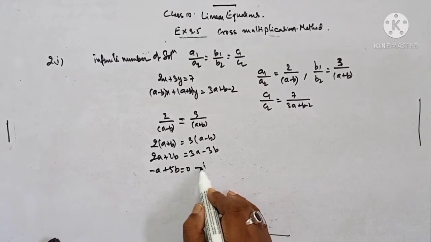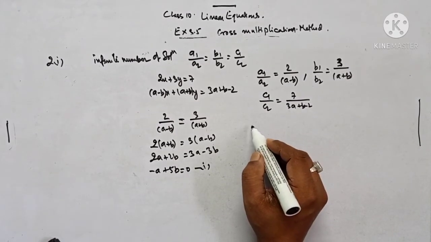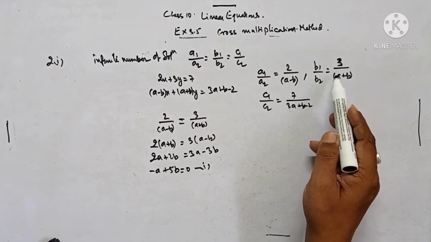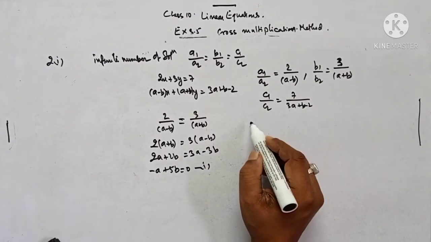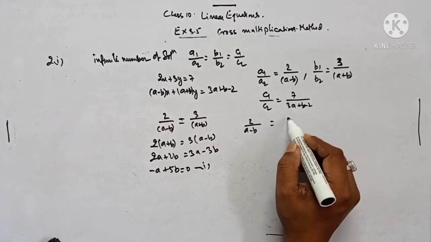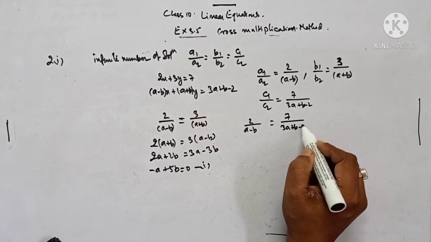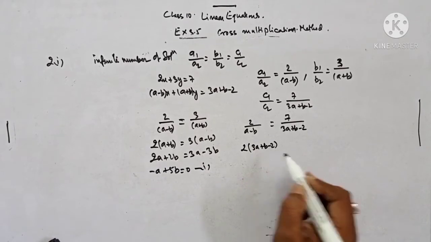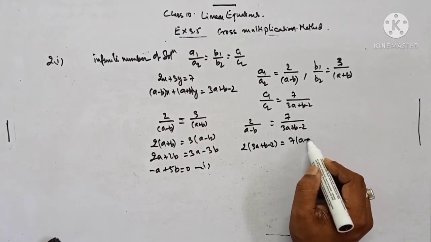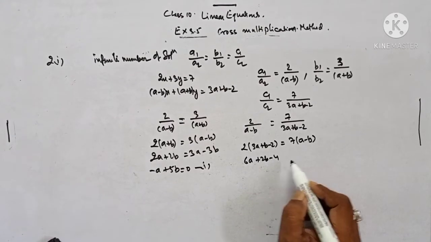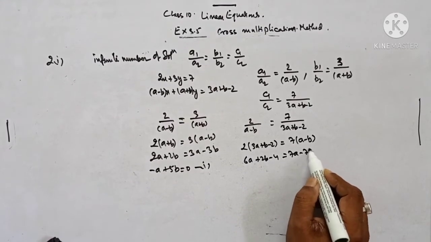This is equation 1. Now again take 2 by (a minus b) equal to 7 by (3a plus b minus 2). So 2(3a plus b minus 2) is equal to 7(a minus b). So this will be 6a plus 2b minus 4 is equal to 7a minus 7b.